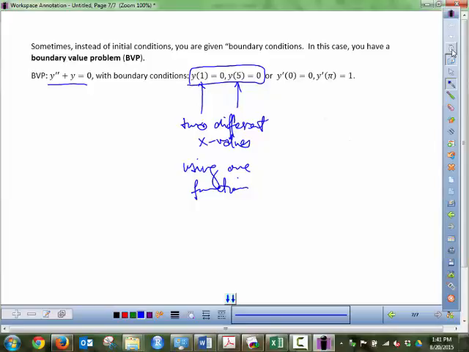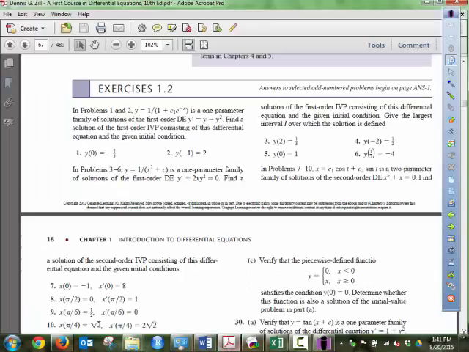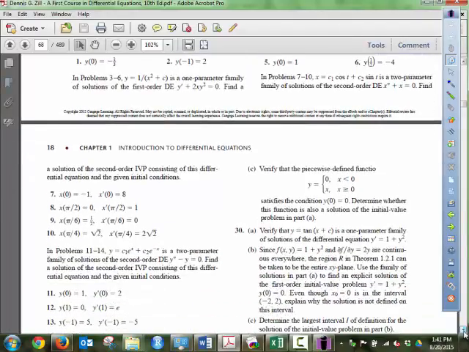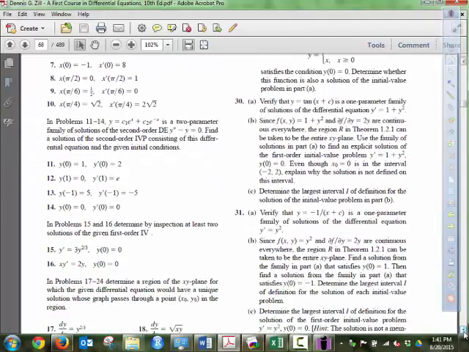All right, let's see if the textbook has any problems relating to boundary value problems. Let's see if we could do one of those. Oh, I think I was going to do number 11, which isn't a boundary value problem. It's an IVP. Did they have boundary value problems here?